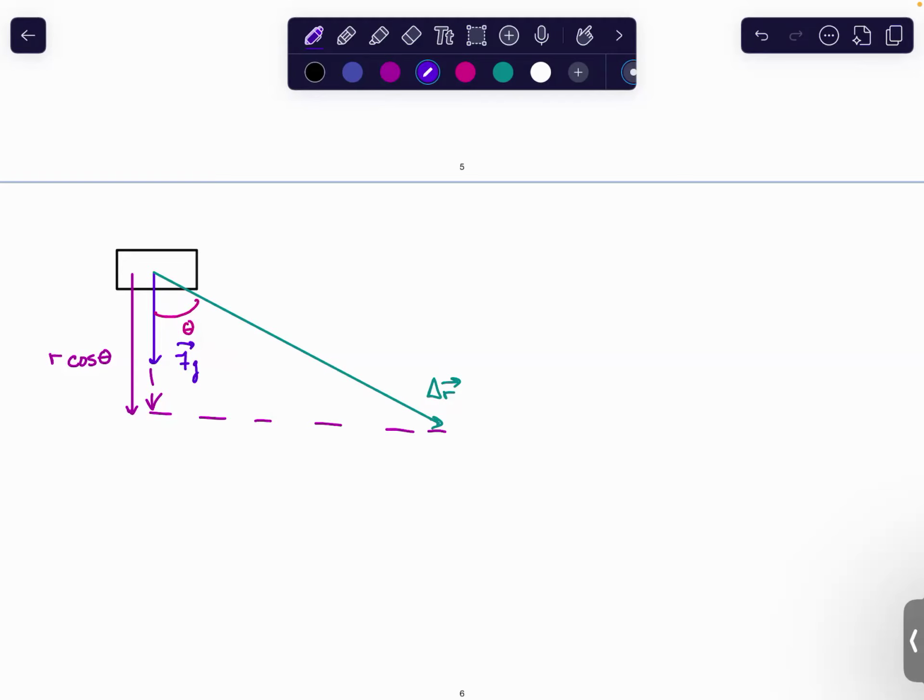This time you have a very similar thing of the component of the displacement vector. So magnitude of one, magnitude of the other, cosine of theta between the two of them.